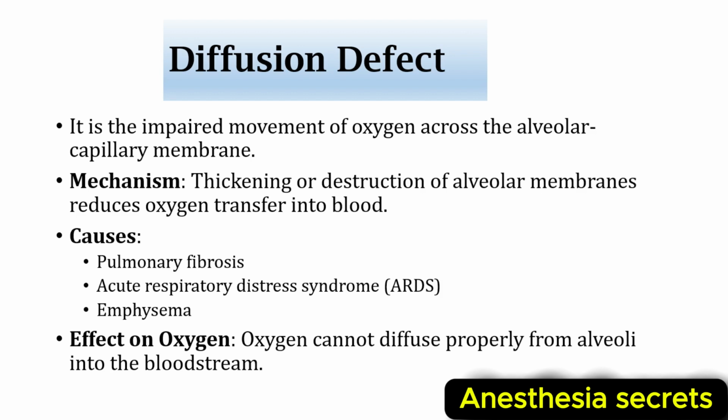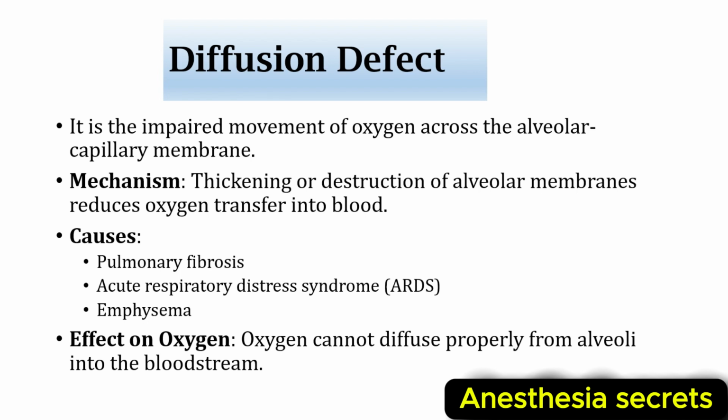The third on the list is emphysema, where there is destruction of alveolar walls, which decreases the surface area for gas exchange, thereby impairing the ability to oxygenate the blood. The oxygen cannot diffuse properly from the alveoli into the bloodstream.